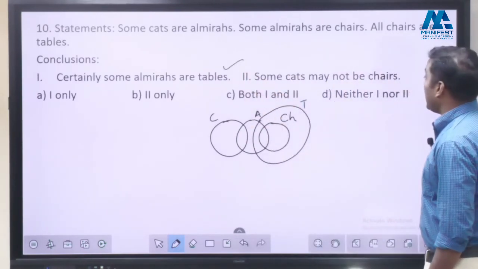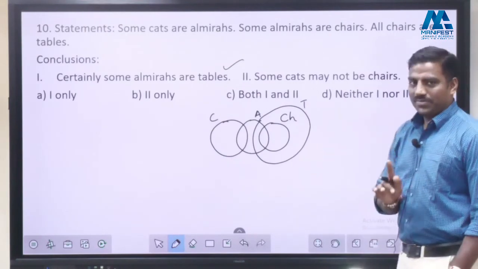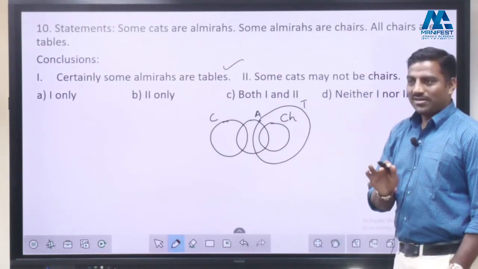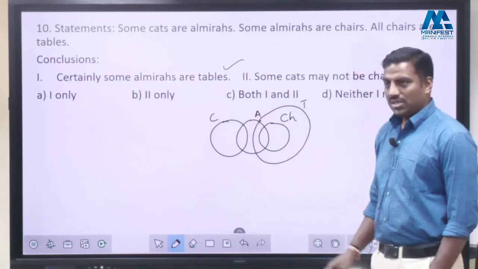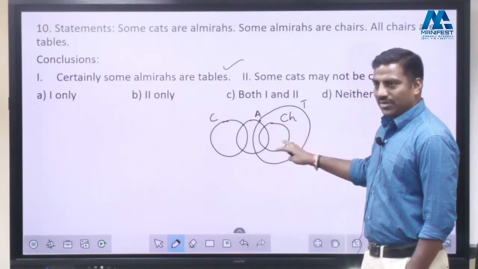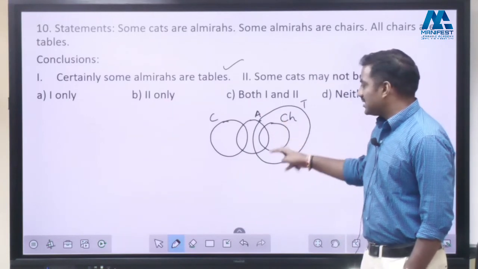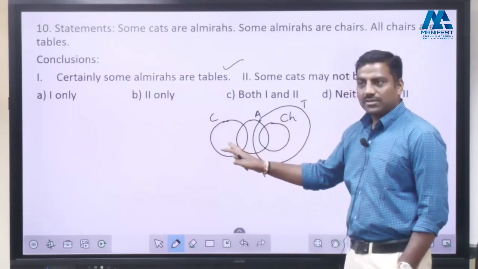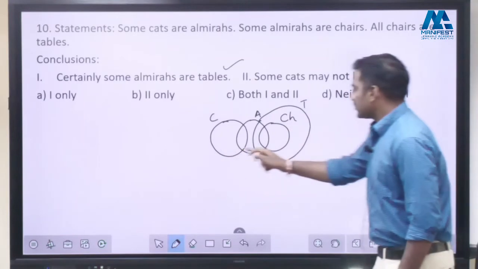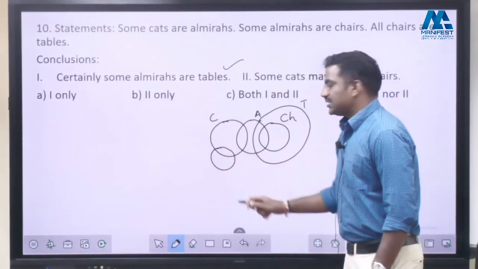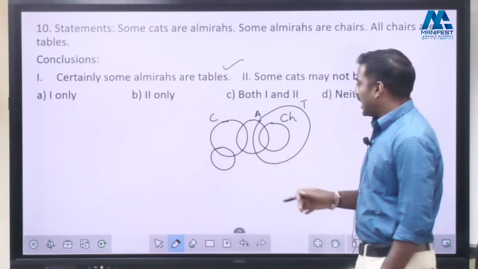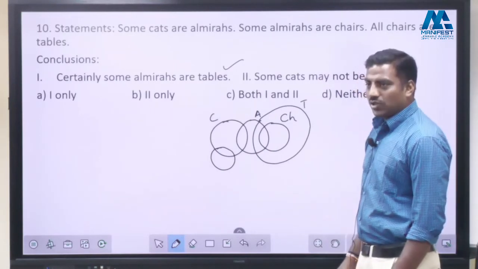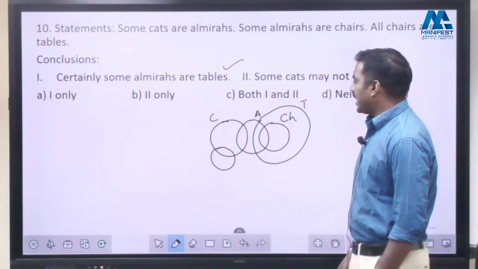Some cats may not be chairs. See. Try to see this. Focus on only cats and chairs. In this diagram, they are away. I can bring this and fit with this one. So, cats can become chairs. Yes or no? Then, what else can I do?